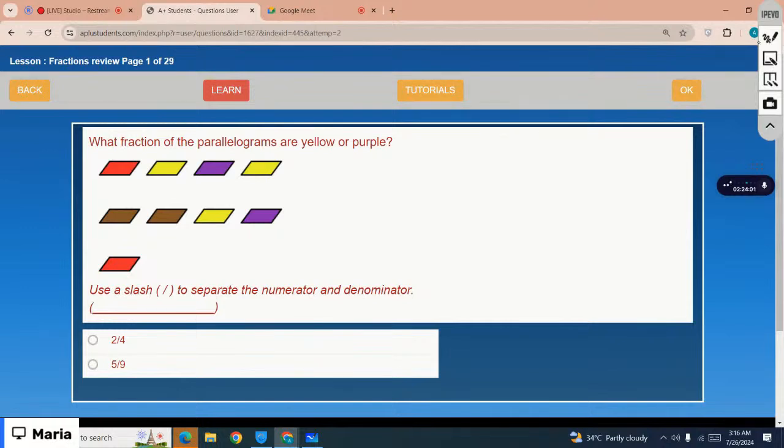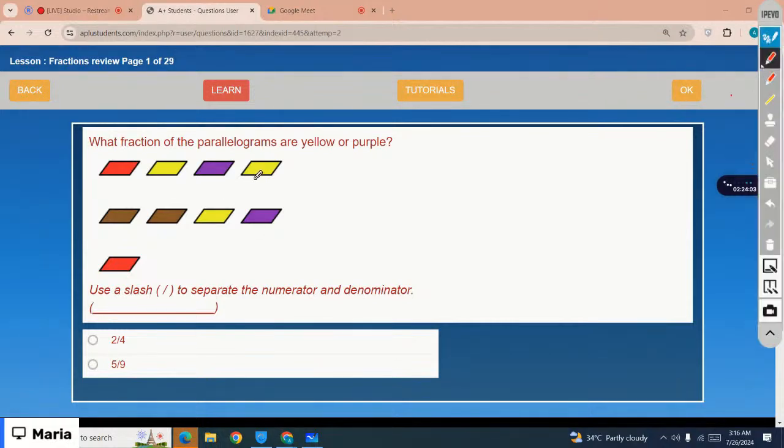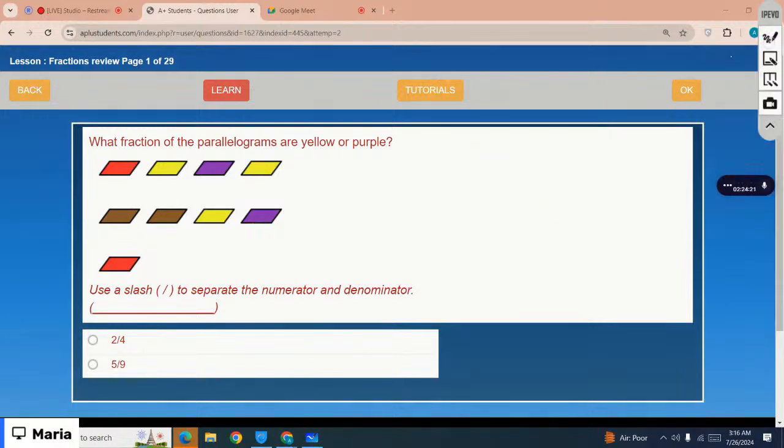The total parallelograms are 9, right? 3, 4, yes, 9 it is. The ones that are yellow or purple: 1, 2, 3, 4, 5. So that is 5 over 9. The correct option is very good. Got it?